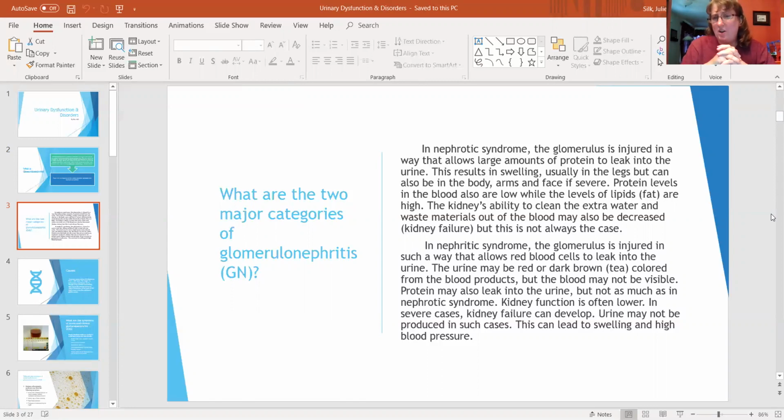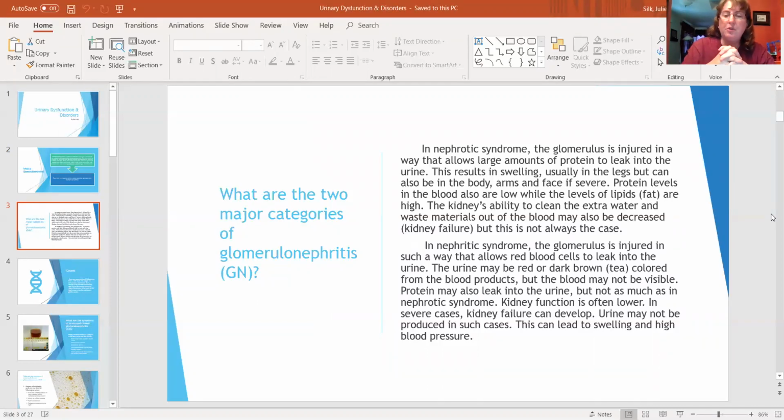You can also have it in the arms and in the face if it's really severe. Although you're leaking all of this protein, you have increased levels of lipids in your body as well at the time. The kidney's ability to clean extra water and waste materials out of the blood can be decreased. That's what's going on with nephrotic syndrome.